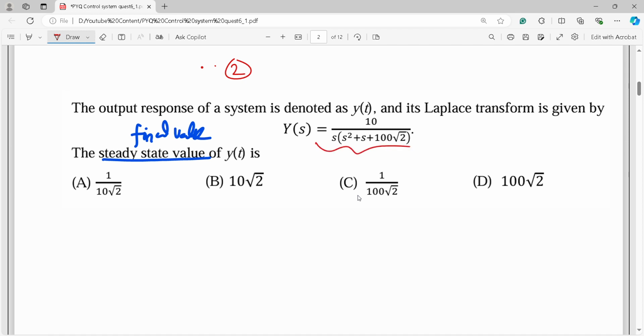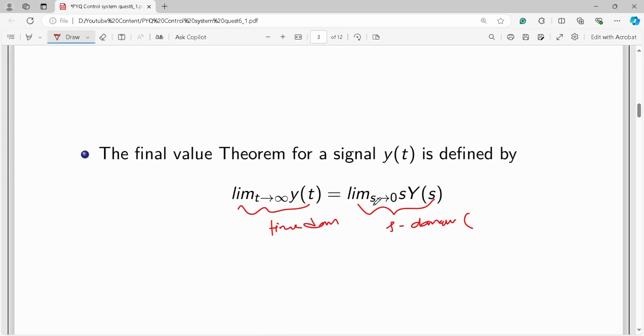How to apply it? This is a very simple question.